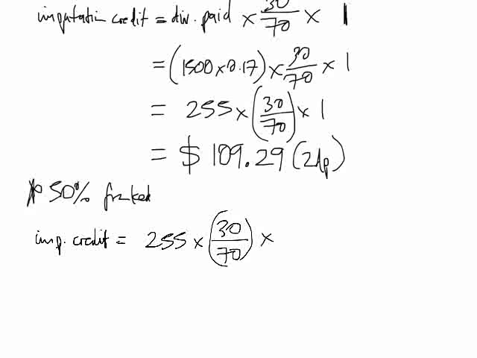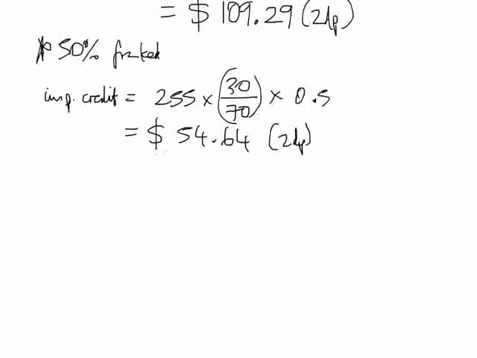But times by, what is 50% as a decimal? 0.5. So this time, work out what 30 divided by 70 is first. Now times that by 255 times by 0.5. So the imputation credit when the company only pays half the tax is going to be half the imputation credit, $54.64 to 2 decimal places.